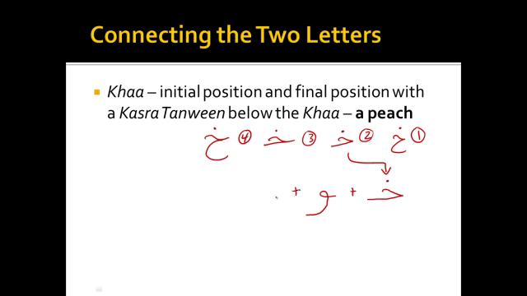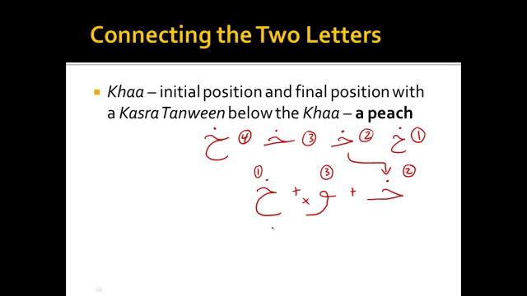And then we hear another kha. So it's khukhin. You hear the kha after the long vowel wow. So that's going to be a kha in the independent position. Okay, again, this is number 2. This is number 3, medial. And this is going to be number 1. Why? Because, again, the wow does not connect to what comes after it.